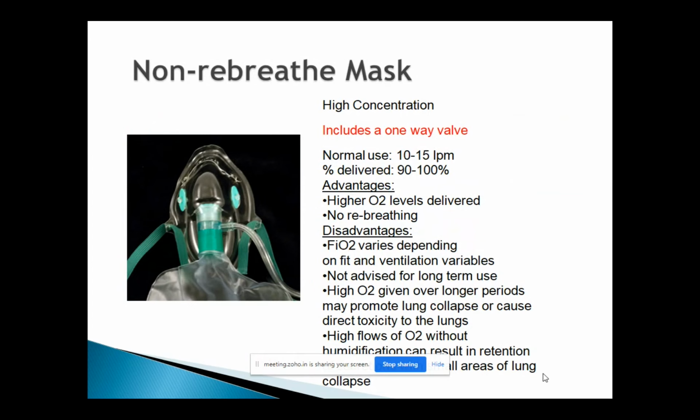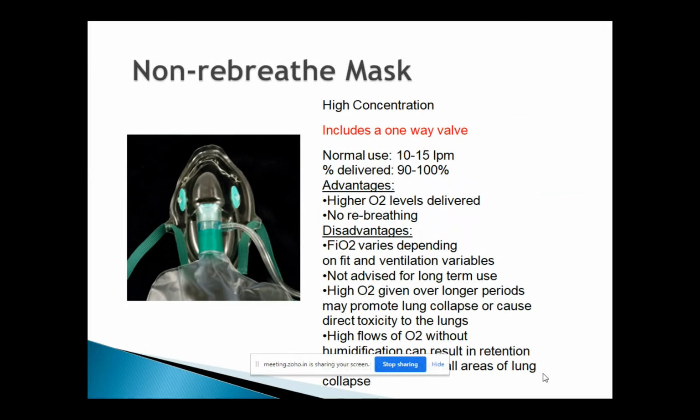And if you want your patient to achieve maximum oxygen concentration, this is one of the best devices available on the variable system. So you have to set 10 to 15 liters. The aim is to fill the bag as quickly as possible, and you are aiming to achieve 90 to 100% oxygen for your patient.